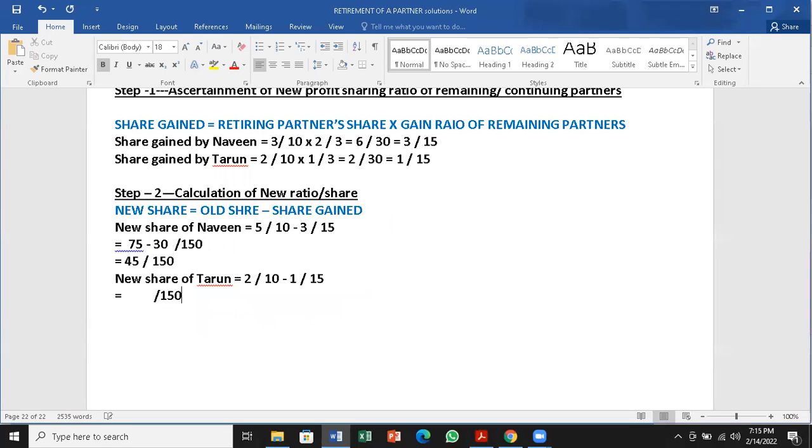The denominator remains the same, 150, because 10 into 15. So 150 divided by 10 is 15, 15 into 2, 30, minus 150 divided by 15 is 10, 10 into 1 is 10.